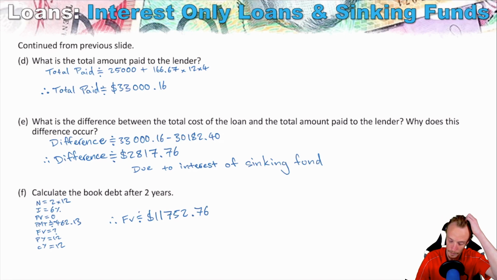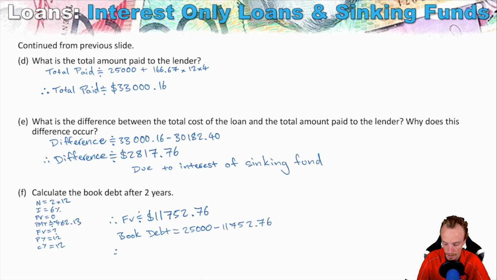If we're now looking at book debt, book debt is going to be the difference between the original loan, which is $25,000, and how much is in our sinking fund at this point, $11,752.76.